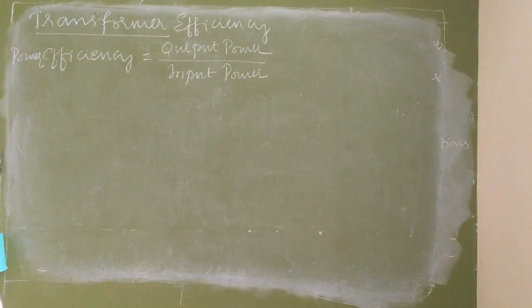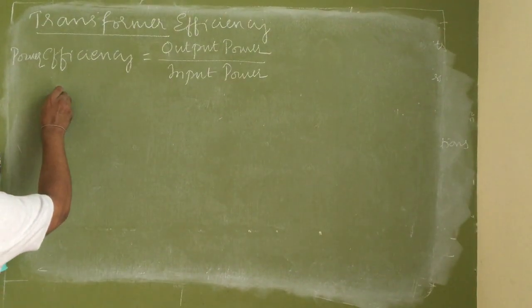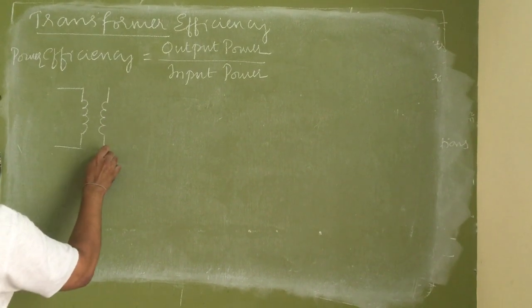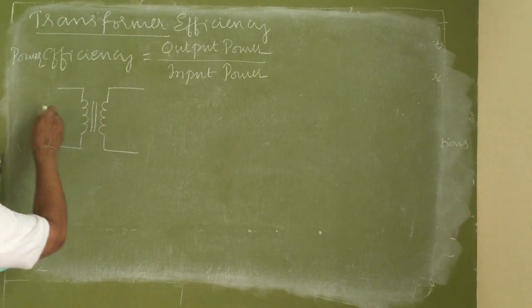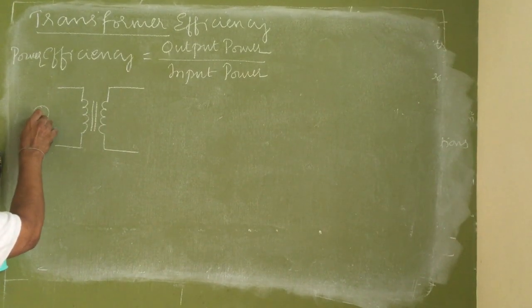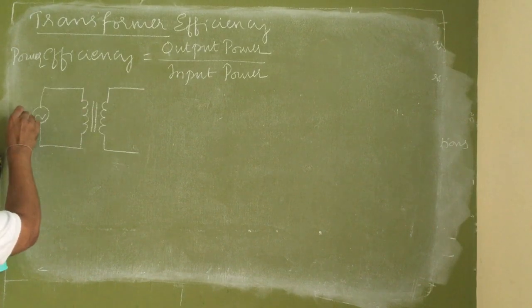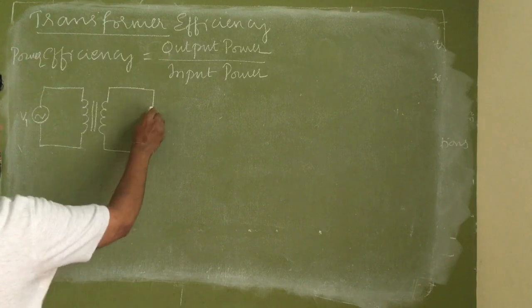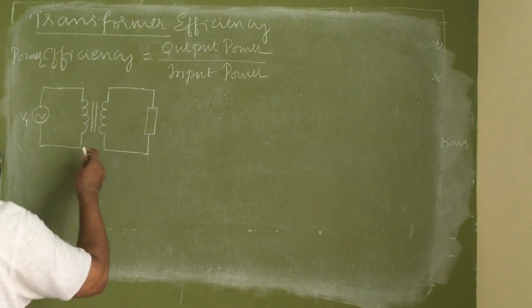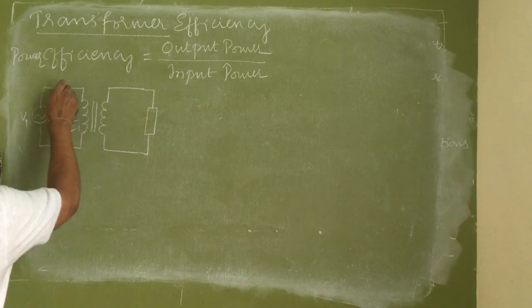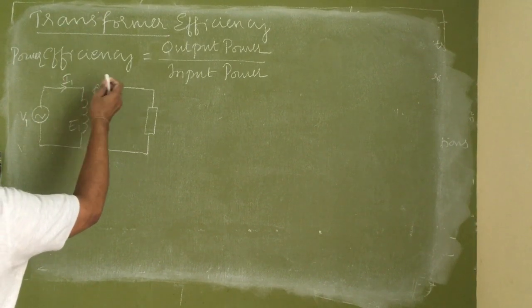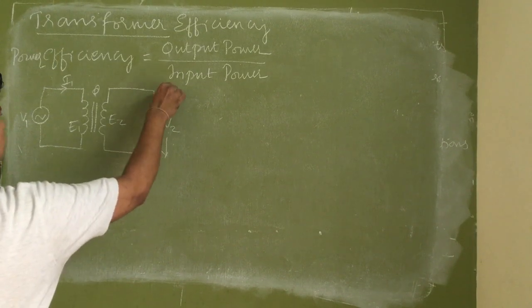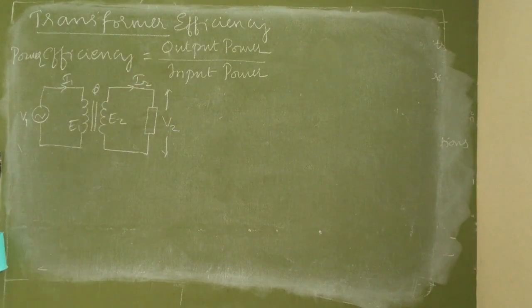But for a transformer we know, this is E1, this is I1, flux phi will exist, this is E2, I2.